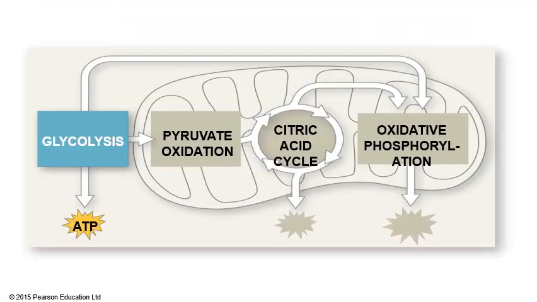This picture symbolizes glycolysis. It is outside the mitochondria, and nothing to do with O2 either. Through glycolysis, they produce 2 ATP by substrate level phosphorylation.